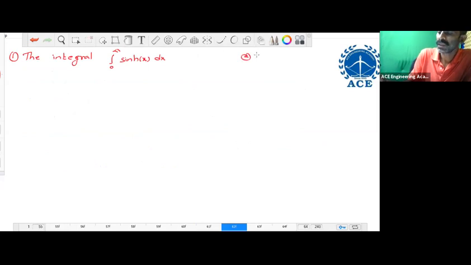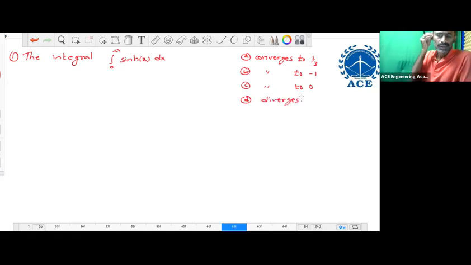Option A: converges to 1 by 3. Option B: converges to minus 1. C: converges to 0. Option D: the integral diverges. So we can check whether this integral is convergent or not after the evaluation of the integral.